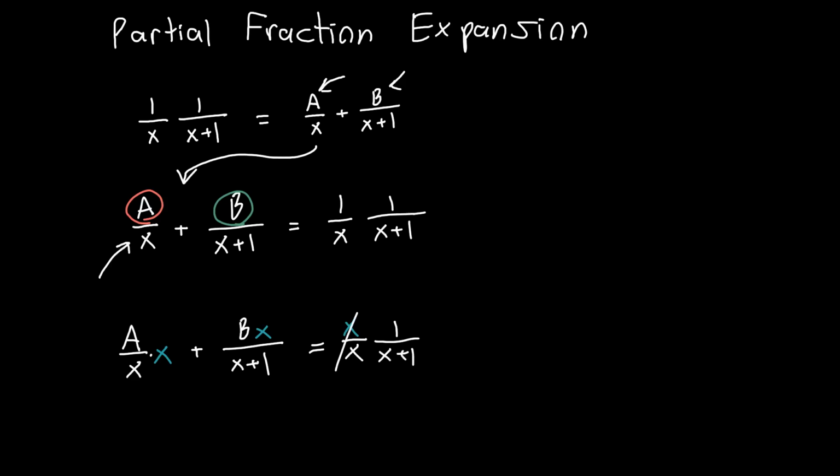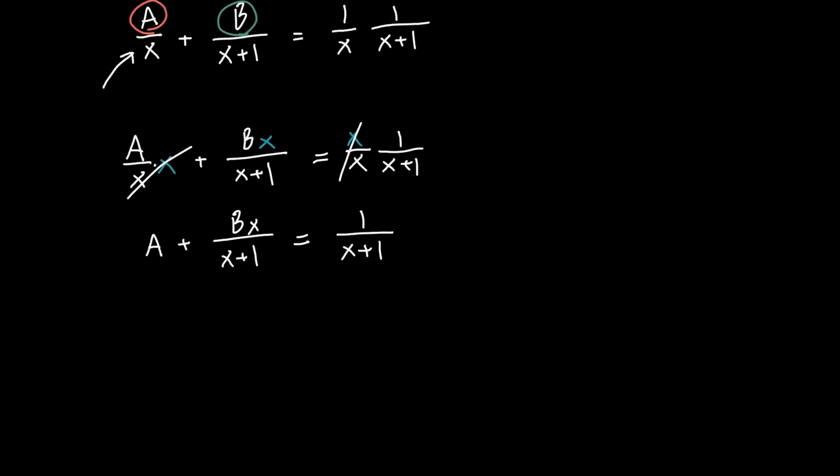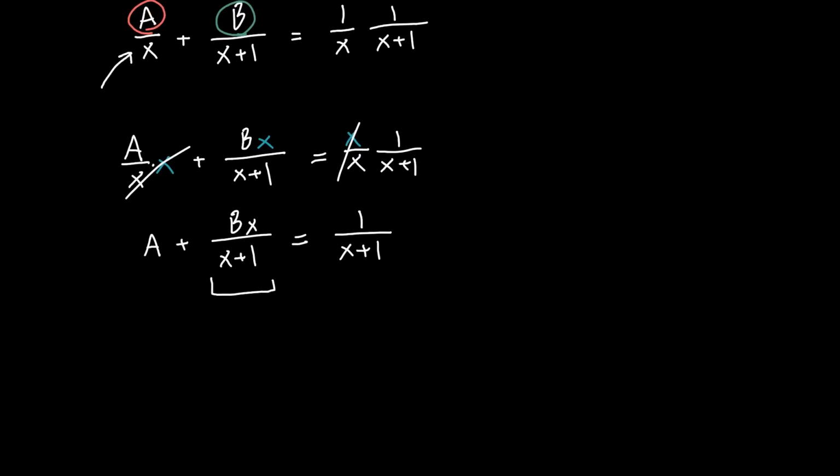And that's interesting. These x's cancel, and we're left with a plus bx over x plus 1 is equal to 1 over x plus 1. You might just say, well, Jordan, you've just complicated things. Now we've got this really ugly term here, and we've got a by itself, but now what do we do?